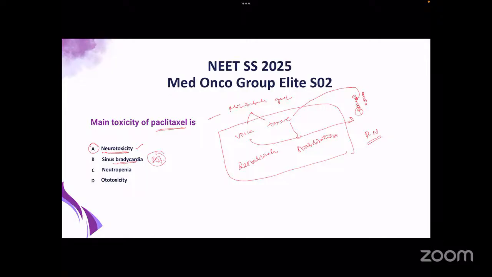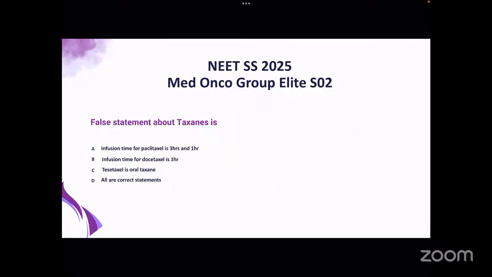Neutropenia is not so common, but still possible. And ototoxicity is common with cisplatin, not with the taxane. One of the most dreaded toxicities of paclitaxel is anaphylaxis because of Cremophor. So that is about this question. The answer is peripheral neuropathy.